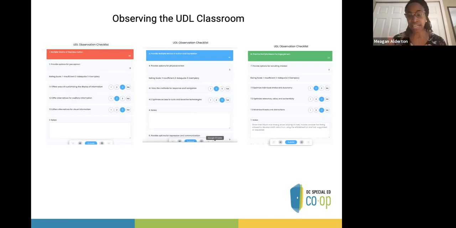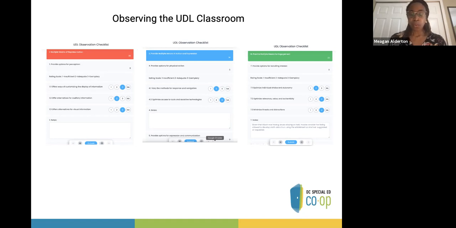So this is just a snapshot of examples. Multiple means of representation actually has, you know, 3 categories. Multiple means of action and expression also has 3 categories, and so does multiple means of engagement.